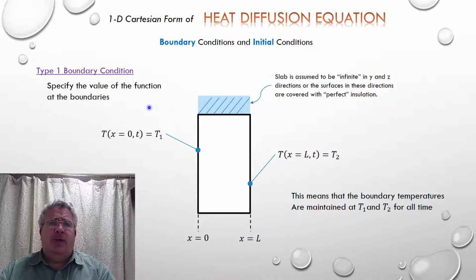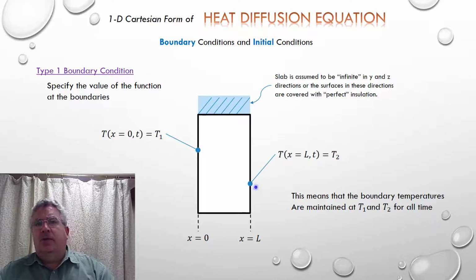So if I somehow have some mechanism to keep the left-hand wall, x equaling 0, at some value T1 for all time, then T as a function of x and time equals T1, evaluated at x equaling 0. That's my left-hand boundary, and it's going to be T1 for all time.